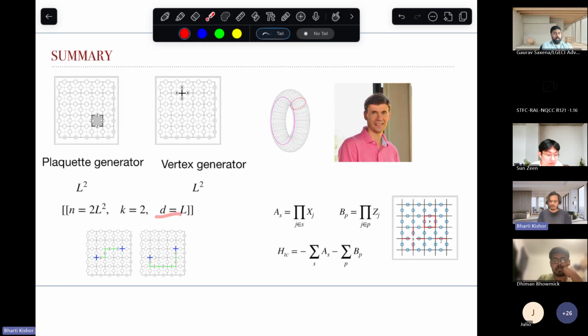And the distance was the weight of the shortest non-trivial loop, which was L. We talked about error detection and error correction. For all of that, we used the stabilizer formalism that we discussed in the last session. Then we talked about the Toric code Hamiltonian. So I think that's it.